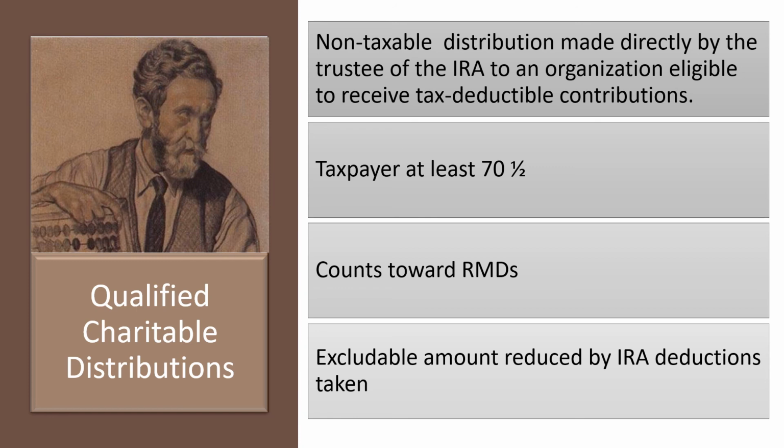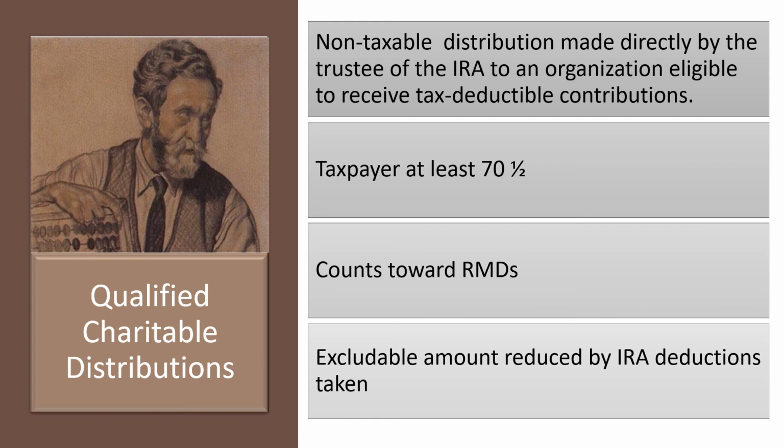And then the excludable amount is reduced by any IRA deductions that the taxpayer may be taking. There used to be a limit on how old you could be to continue to put money into a retirement account, and that's no longer the case.